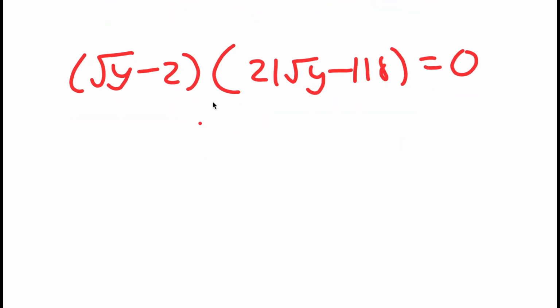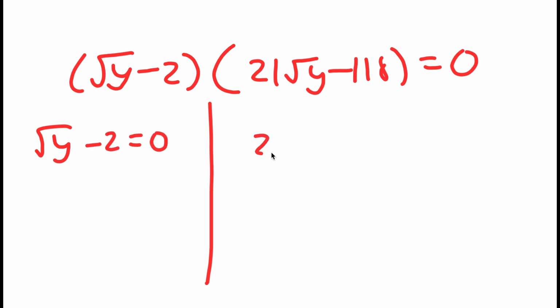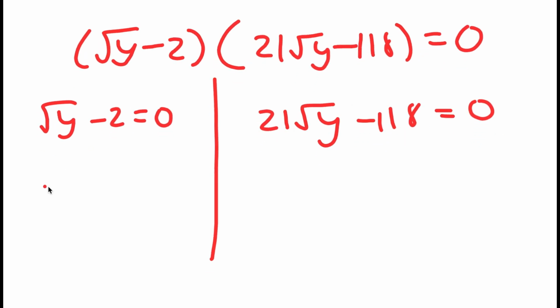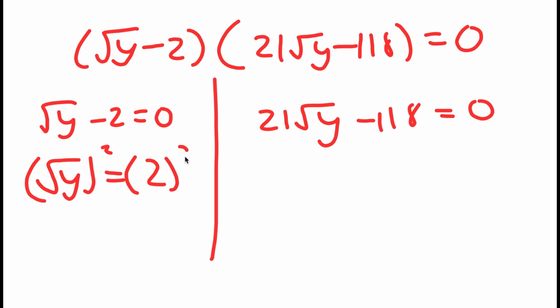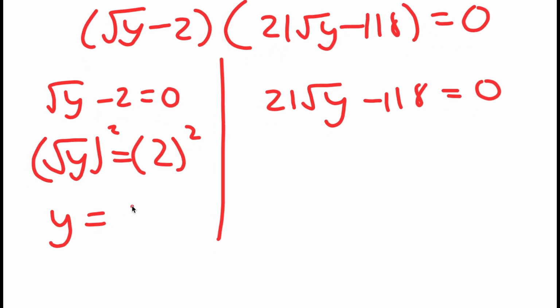And this gives me two equations. I have the square root of y minus 2 is equal to 0, and 21 root y minus 118 is equal to 0. So for my left-hand side, I get the square root of y is equal to 2, and if I square both sides, I get y is equal to 4. So this is one solution.